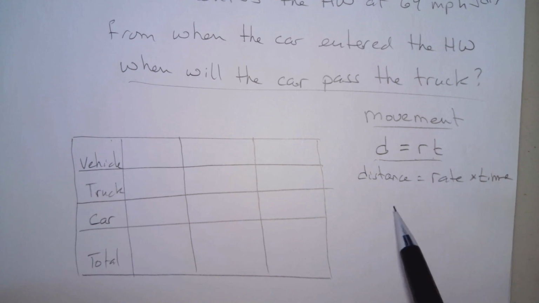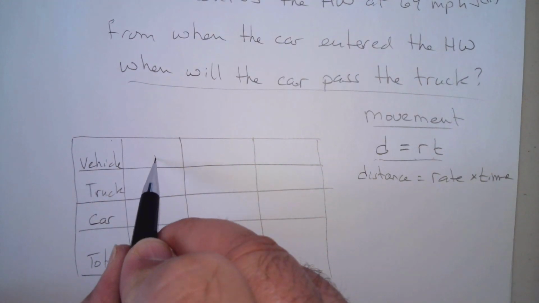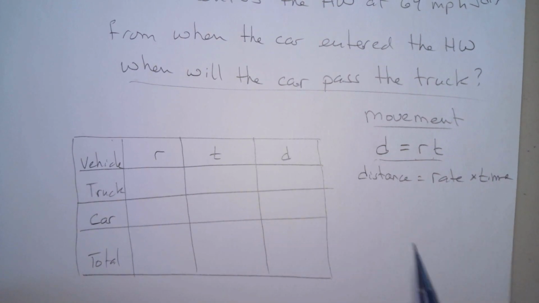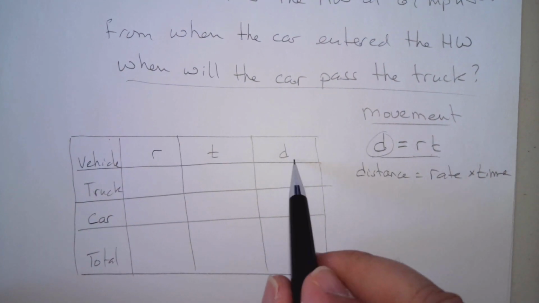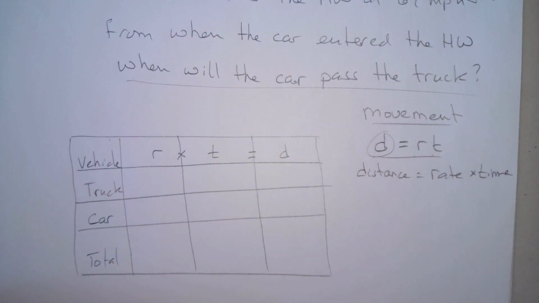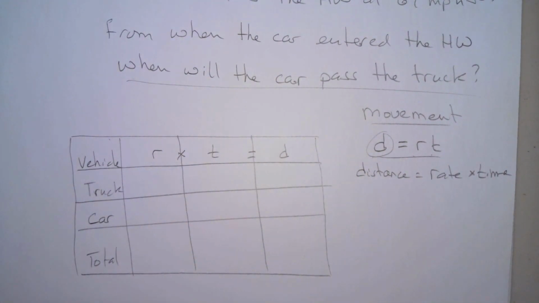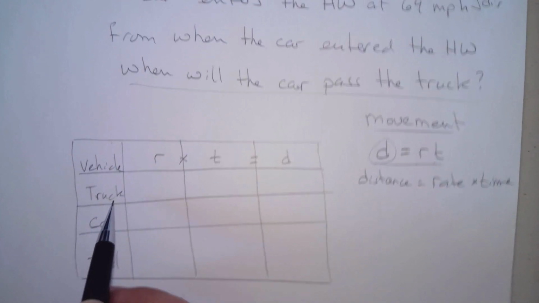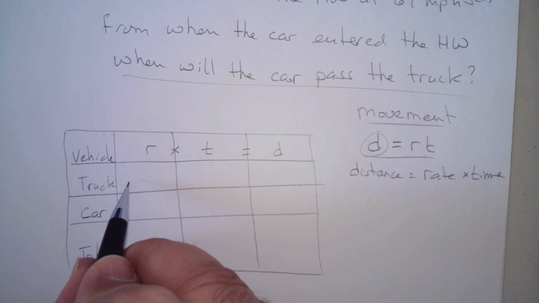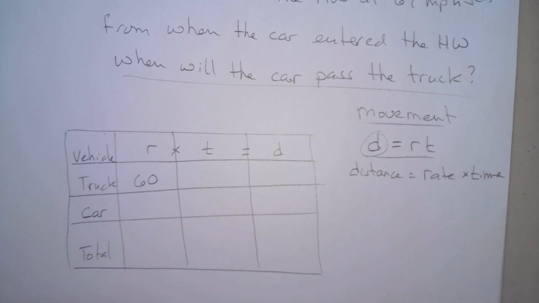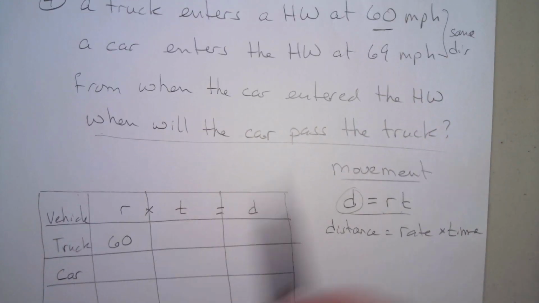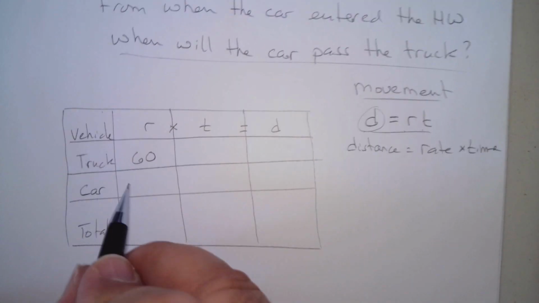We have to have 3 more columns: the rate, the time, the distance. So it's a moving problem, the distance goes last because rate times time equals distance. So, what's the speed of the truck? 60. The car is going 69 miles an hour.